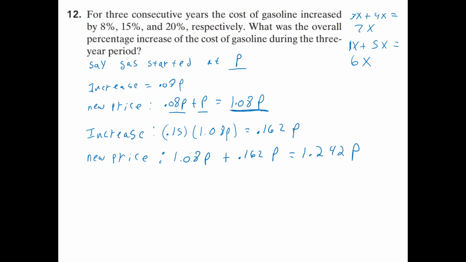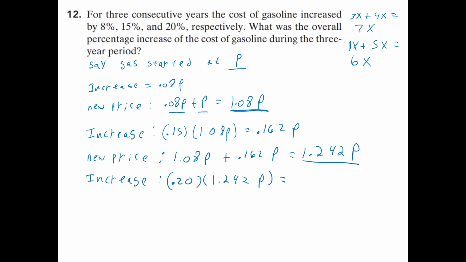And then we go through one more increase. And we do it the same way, the percent, 0.20 times the previous price, which is 1.242p. And then we do 0.2 times 1.242.